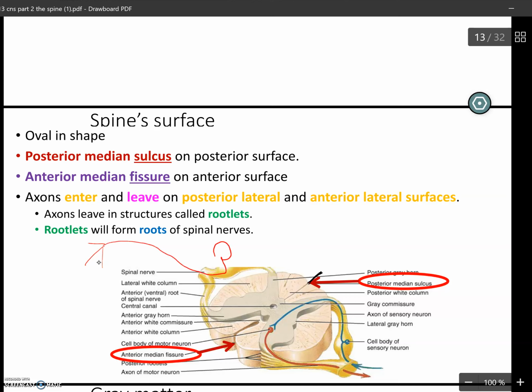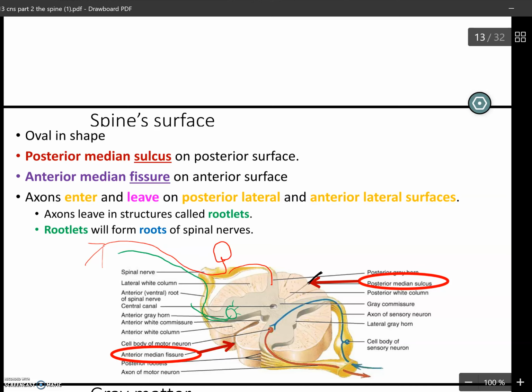Remember, their cell body is pushed to one side, and they enter on the posterior surface. Now, motor neurons, being a multipolar neuron right there, they're going to actually go and leave on the anterior surface and go together. So, axons enter and leave on the posterior lateral and anterior lateral surfaces.